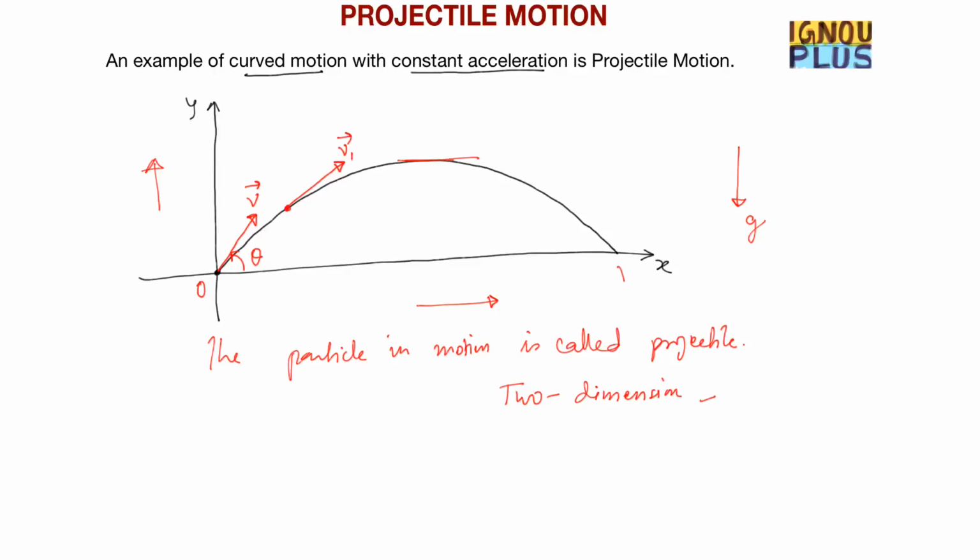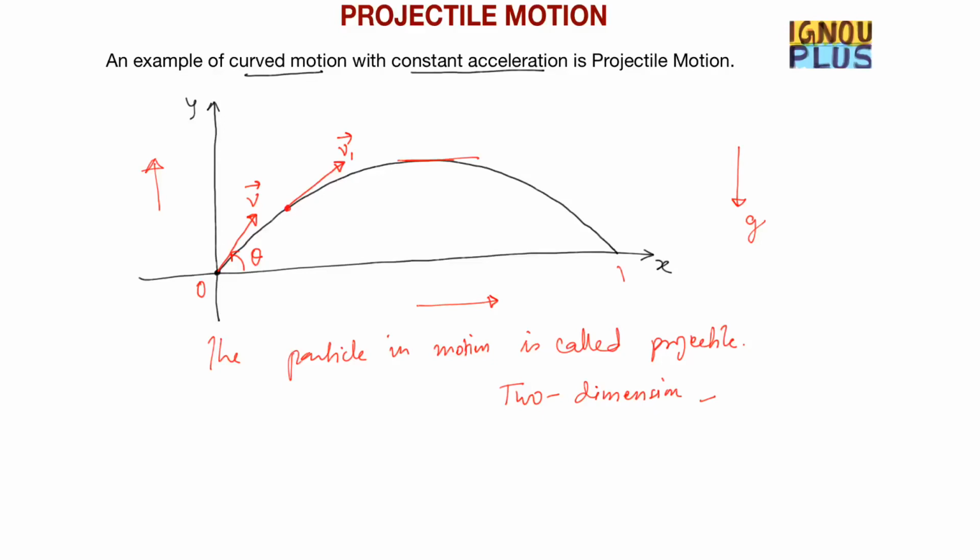Why? Every time, the direction of the velocity of the projectile is the tangent of the trajectory. Trajectory is the path which this projectile covers, this curved path.